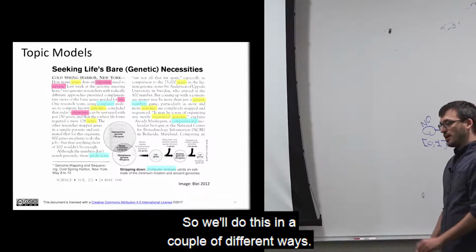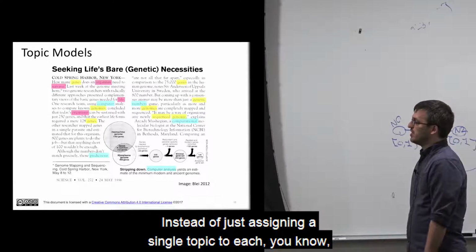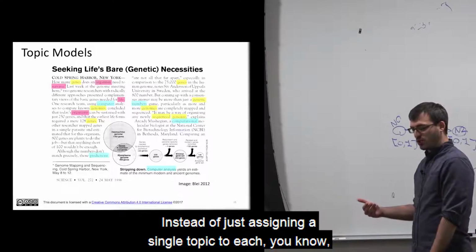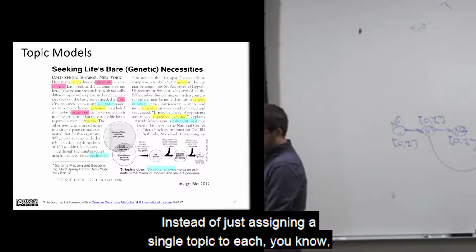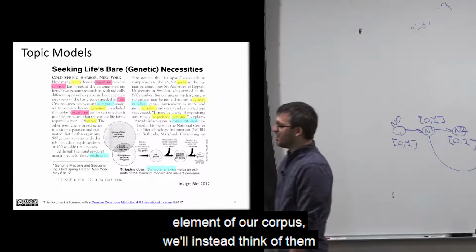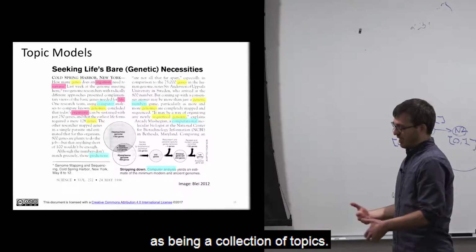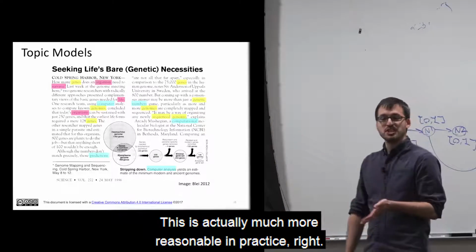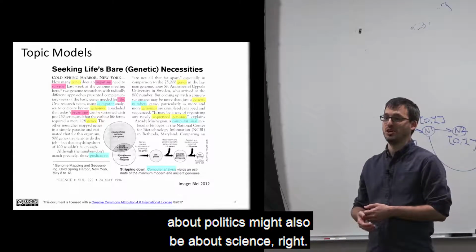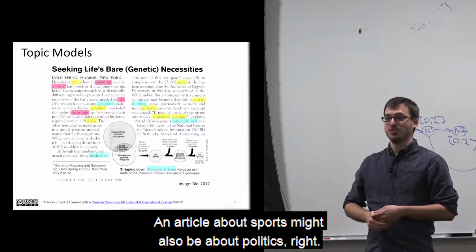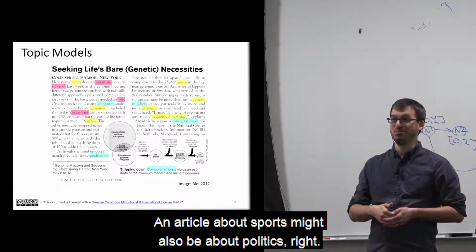We'll do this in a couple different ways. Instead of just assigning a single topic to each element of our corpus, we'll instead think of them as being a collection of topics. This is actually much more reasonable in practice. An article about politics might also be about finance. An article about sports might also be about politics.